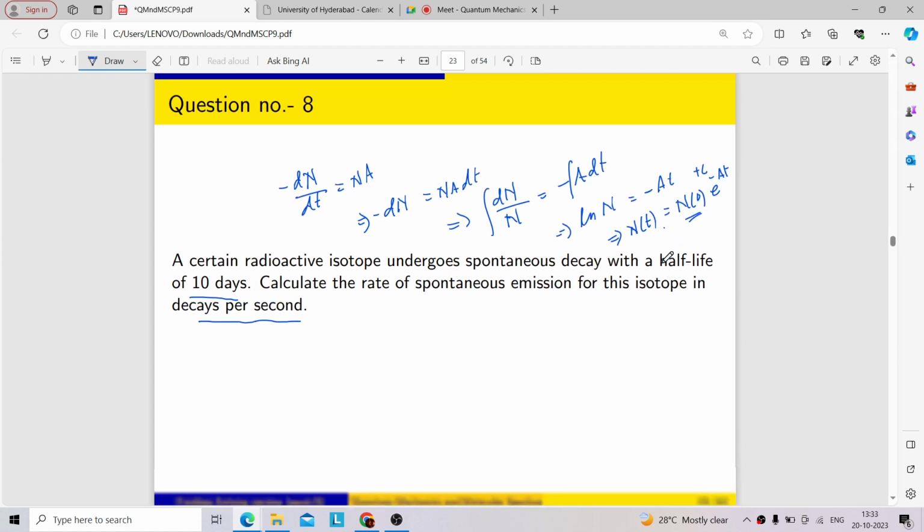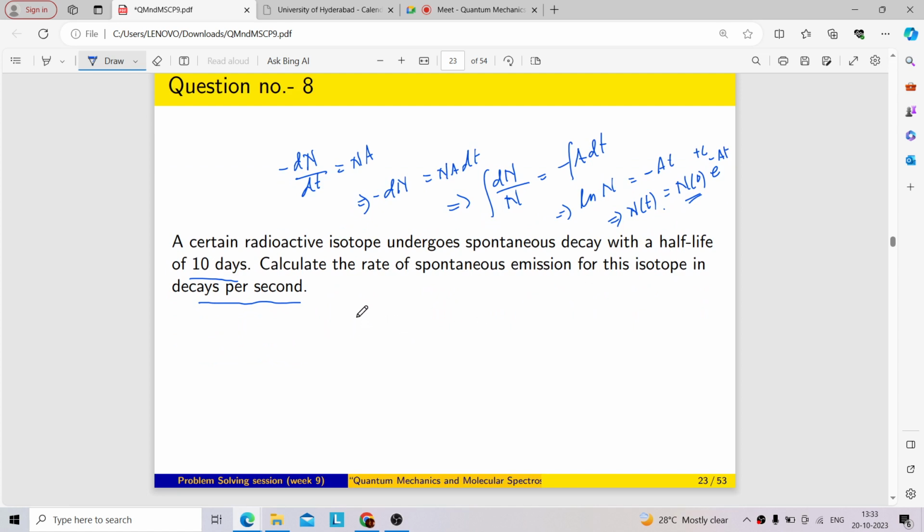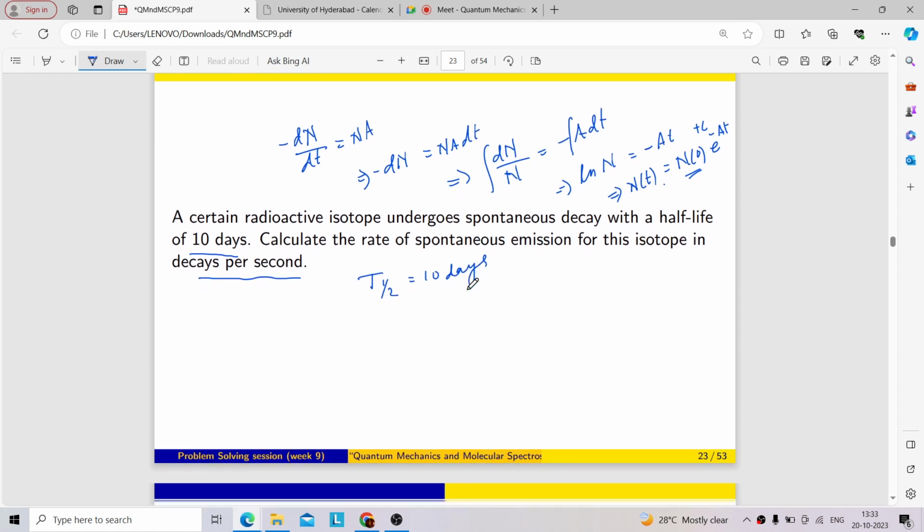Now what is given? The half-life is given, so t half is 10 days. So what will happen at this time? The number of particles in the excited state compared to the ground state will be half.